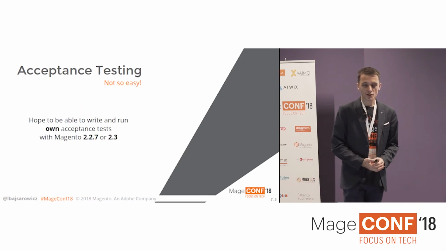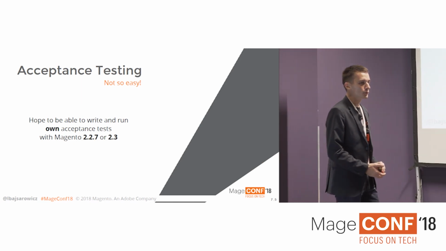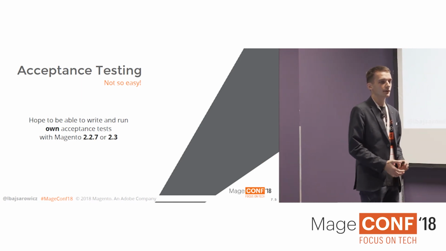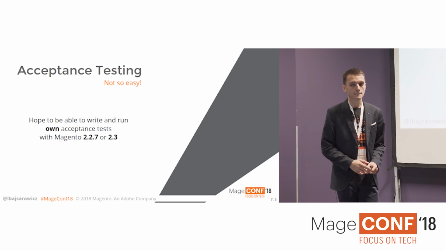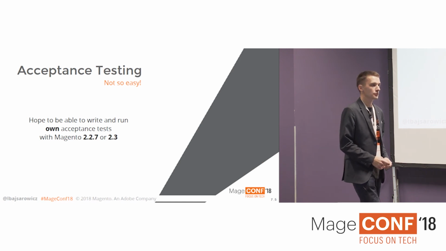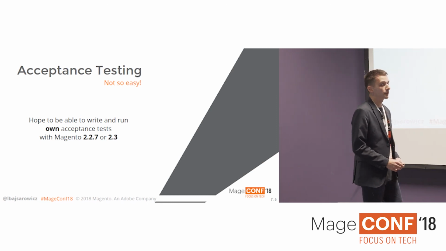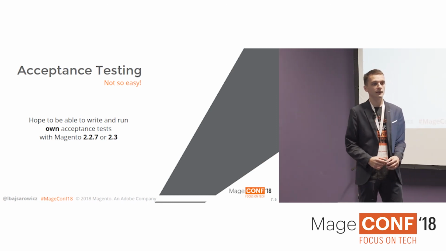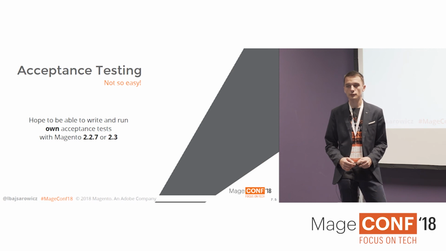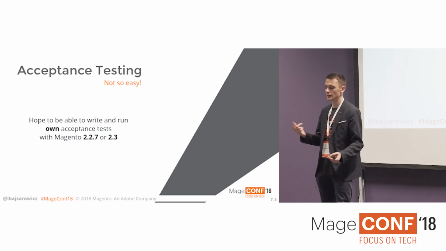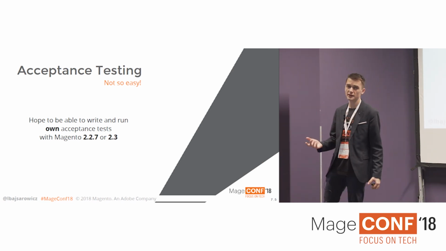Magento released that in version 2.2.6, but with one huge problem. The loader of the tests loads tests only from app code, and the tests that are already written for testing the orders, so testing the admin panel, are not running.